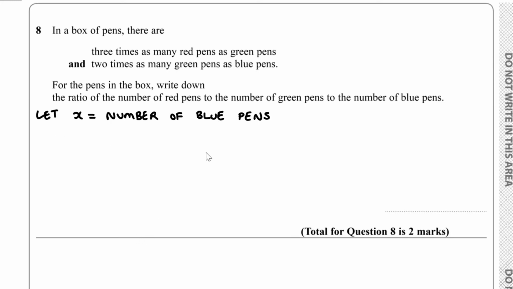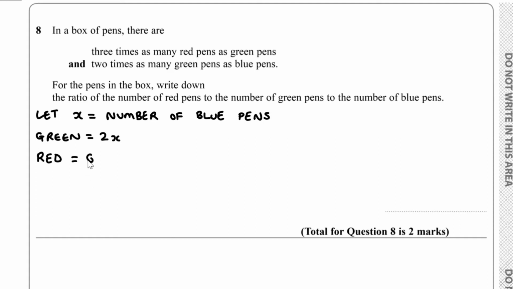Well, if we let x equal the number of blue pens, that means that the number of green pens will equal 2x because we have twice as many green as blue. And it also means that the number of red pens we have is equal to 2x multiplied by 3 because we've got 3 times as many red as green.